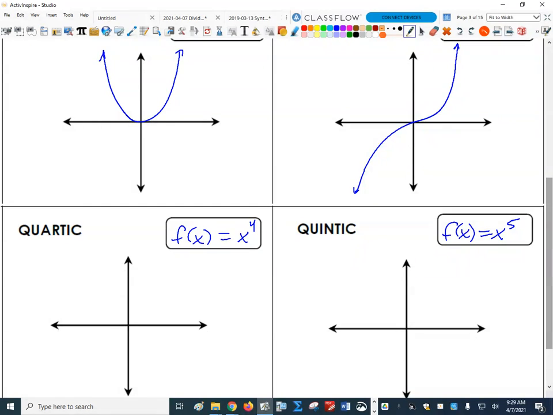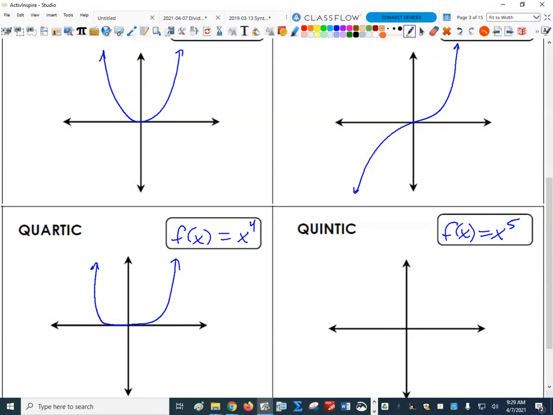Okay, I want you to notice what their graphs look like. If I graph a quartic function, now I'm limited by my artistic ability here. But that's kind of what a quartic function looks like. It looks a lot like a parabola. What's the difference? It's a little more squared off. Okay, and I'll pull up Desmos in a second.